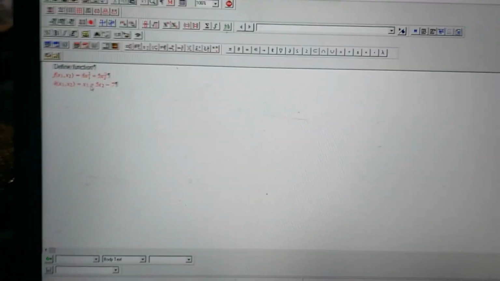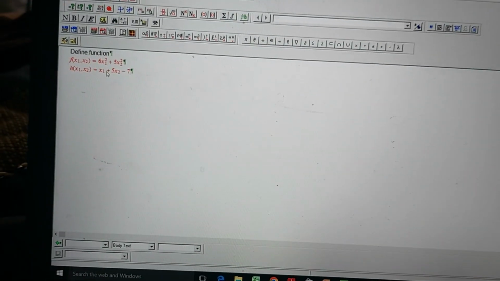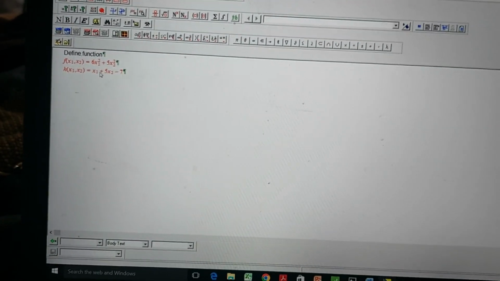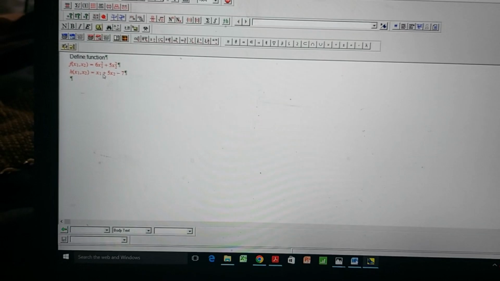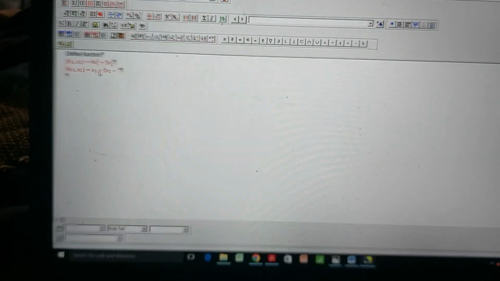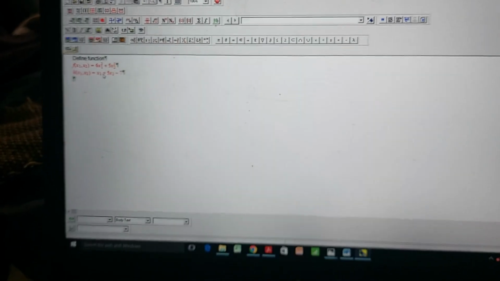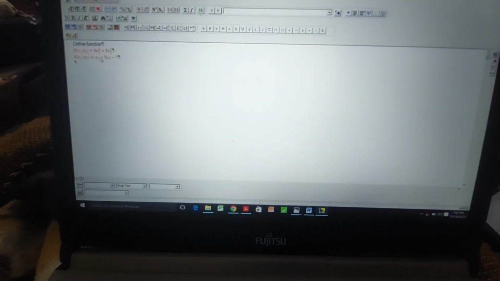This is the function being introduced. I will press enter and come to the next line of the definition, but we need to define it.